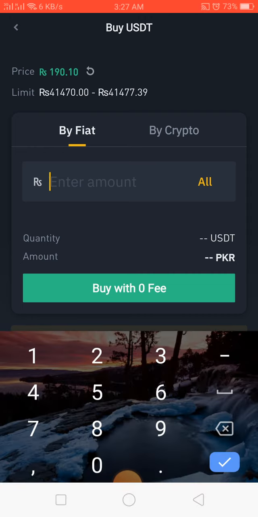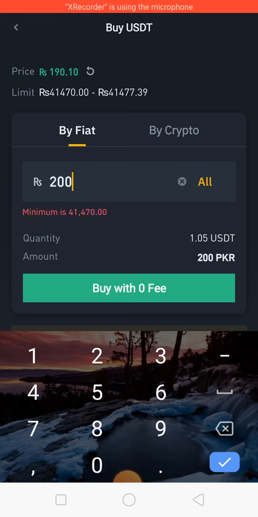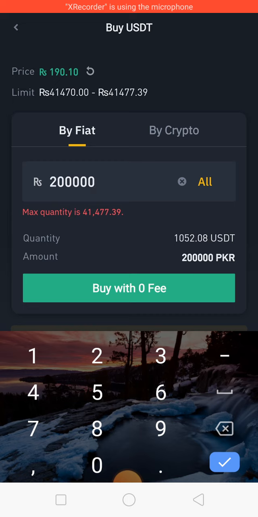For example, I want to buy USDTs worth 2 lakhs. Then I have to write it here, and there is no fee to buy the USDTs. Then I have to click on buy USDT.